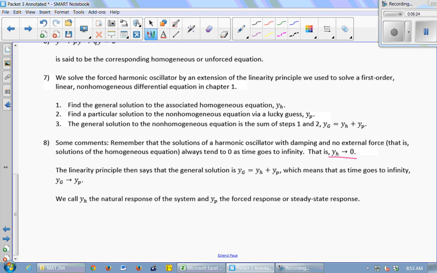So the linearity principle says that the general solution, which is the sum of YH plus YP, Y homogeneous plus Y particular, means that as time goes to infinity, YH is going to go to 0, so YG is going to approach Y particular. Okay. And we call YH the natural response for the system. What happens when you have no forcing is called the natural response. And Y particular is called the forced response or the steady state response.